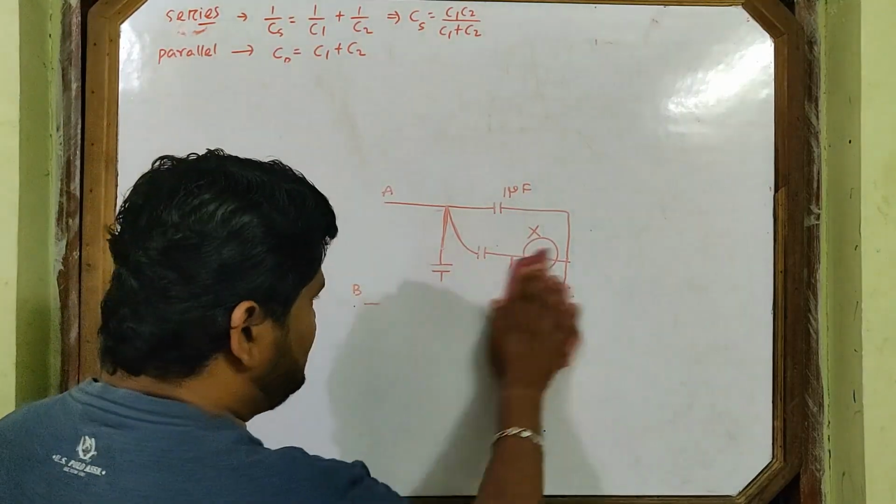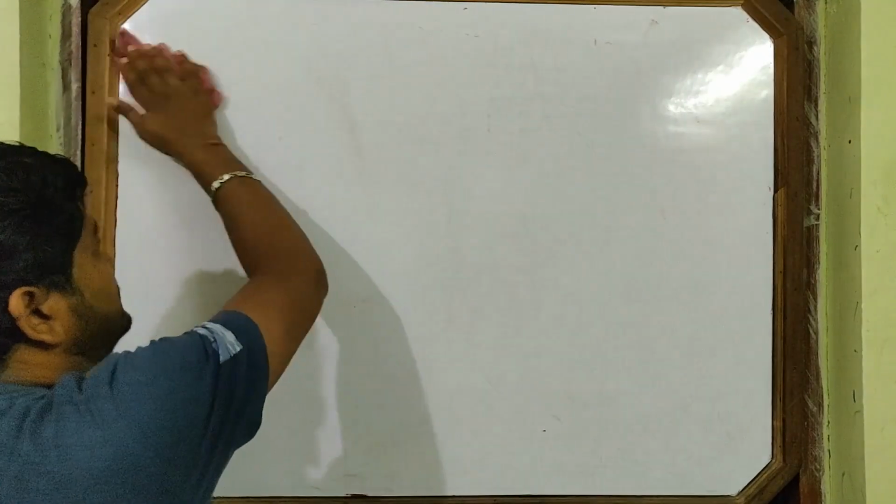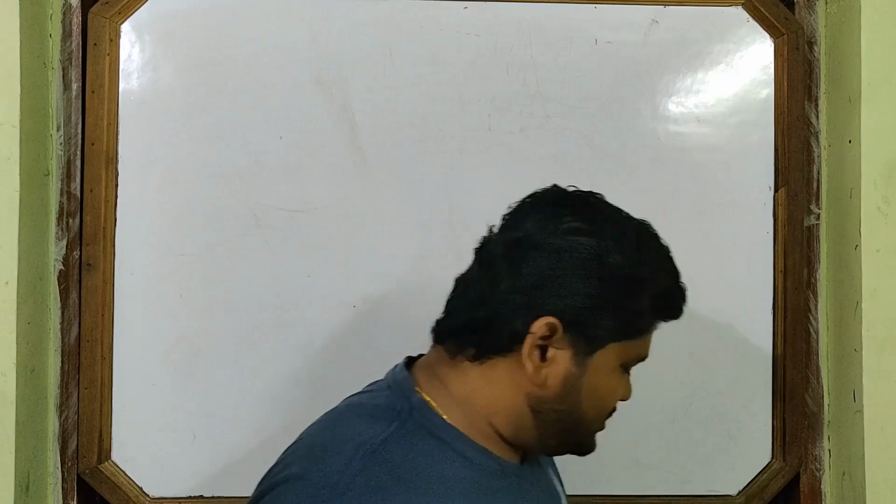Understand? So this is about the combination of capacitors. Today we discussed a lot of circuits about combination of capacitors. I hope you will practice all the circuits, and with this I think we have completed the second chapter of your NCERT book. Then we will go to the third chapter from our next videos.